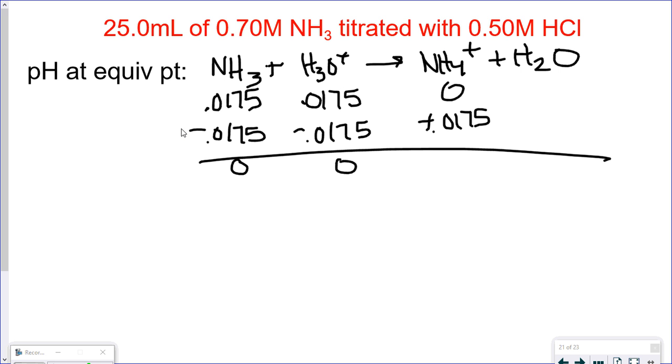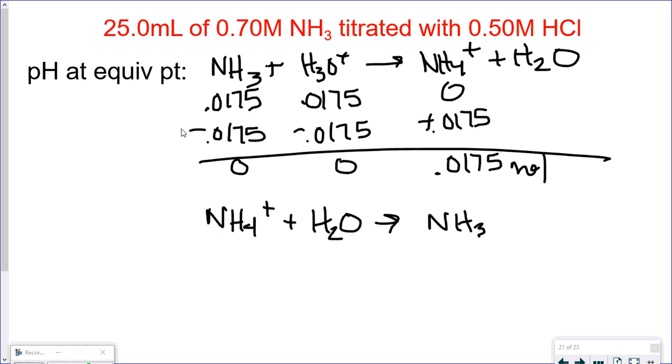Which leaves us only moles of our conjugate acid. That conjugate acid has to go through hydrolysis. So this was the reverse reaction. But remember, this second ice table needed to deal with molarities instead of moles.